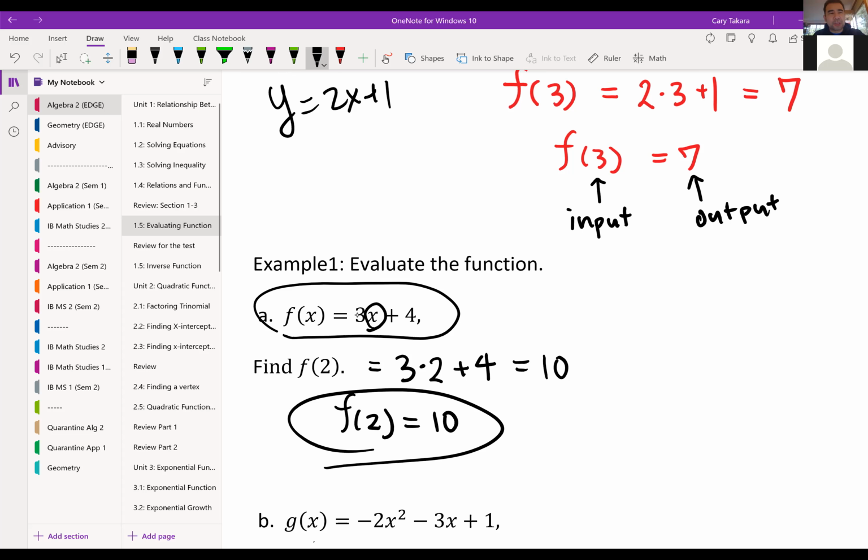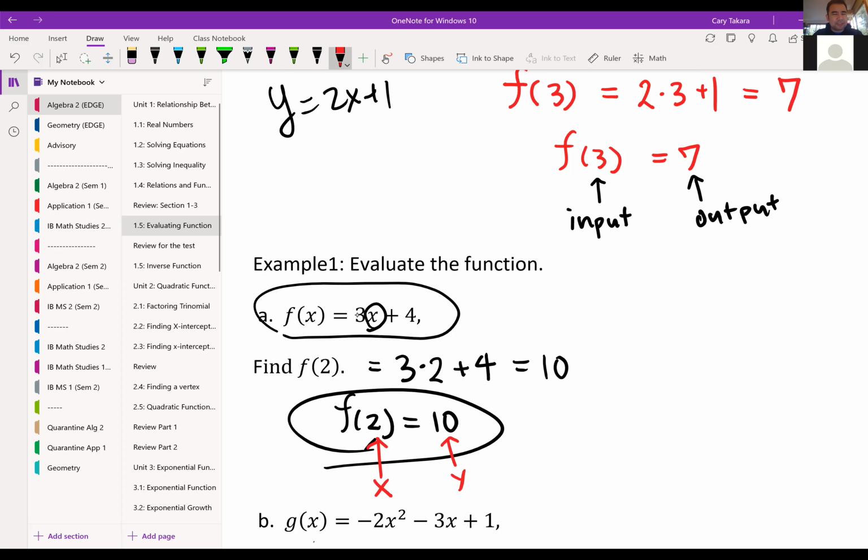So f of 2 equals 10, meaning, what does that mean? Can you describe that? F of 2 equals 10 means that when the input is 2, the output is going to be 10. In other words, when x is 2, the y value is going to be 10.